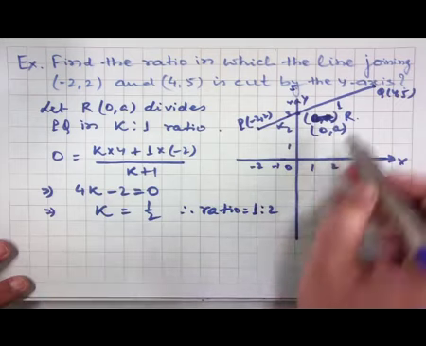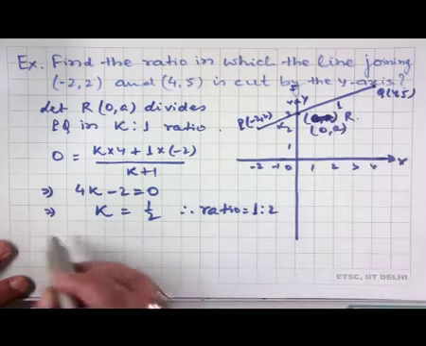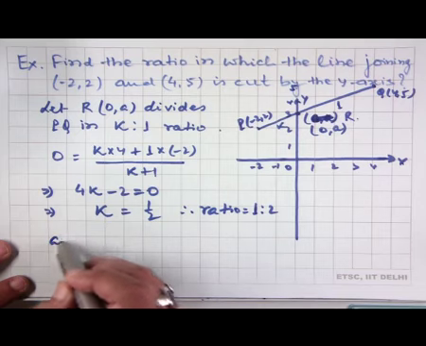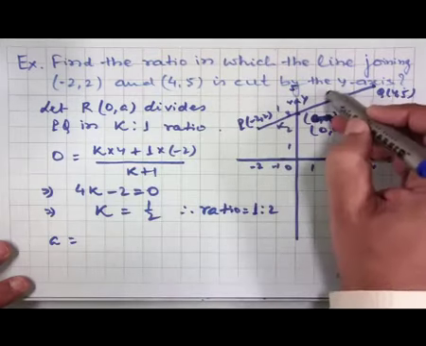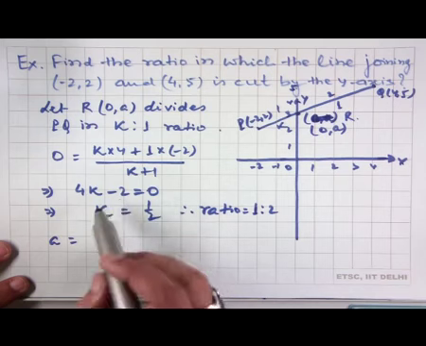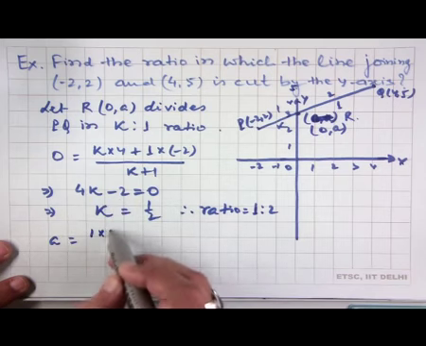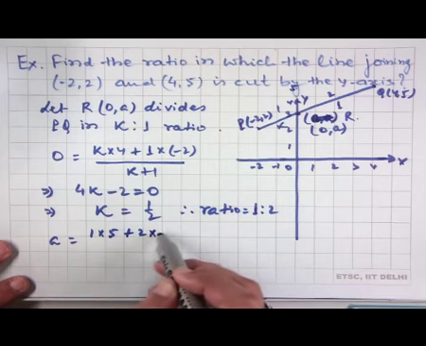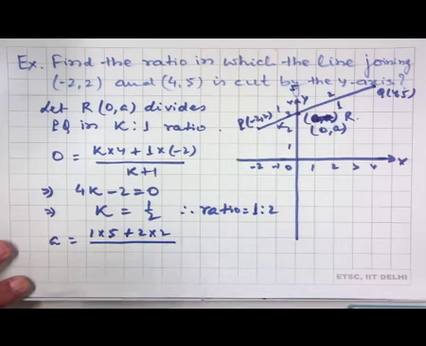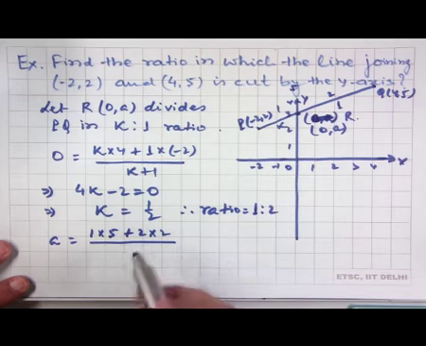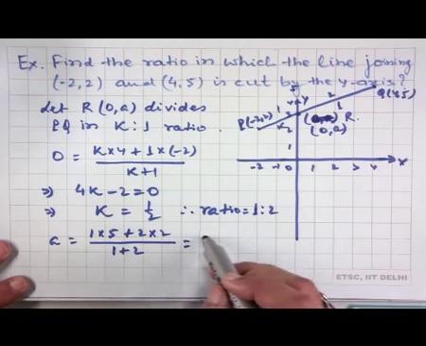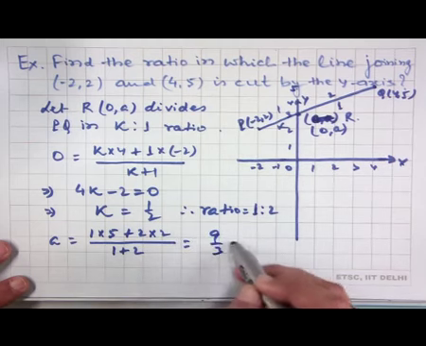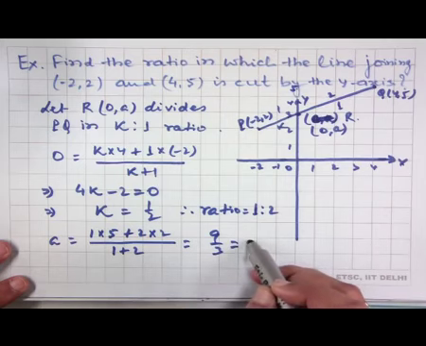Now we have to verify whether this ratio exists for this a or not. So a, with k as 1 is to 2, is equal to (1 into 5 plus 2 into 2) by (1 plus 2), that is 9 by 3 equal to 3.